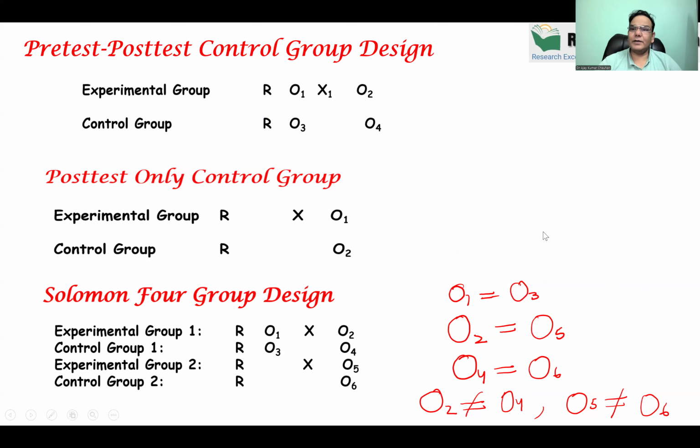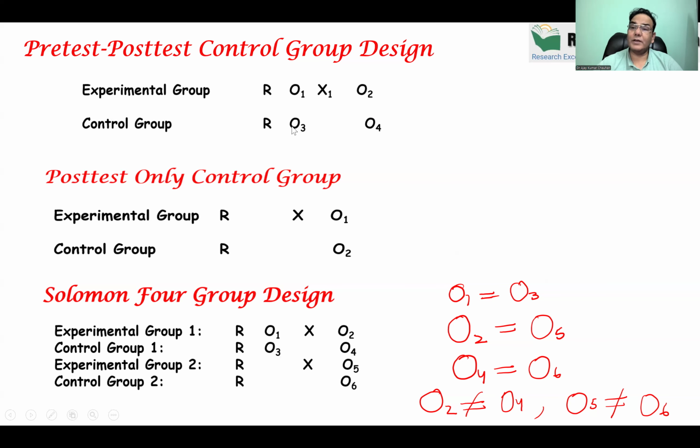Now, the second is true experiments. In these true experiments, we have the pre-test, post-test control group design. So these are better designs as compared to the previous ones. We have both experimental group and control group. R stands for random assignment, meaning we are assigning units randomly to the experiment group and randomly to the control group. After random assignment, we confirm whether these groups are similar in terms of outcome or not.